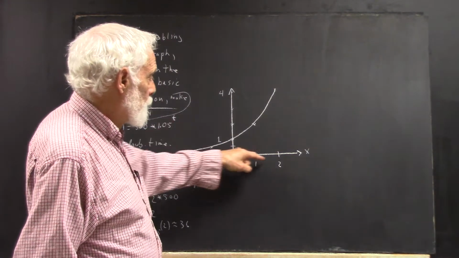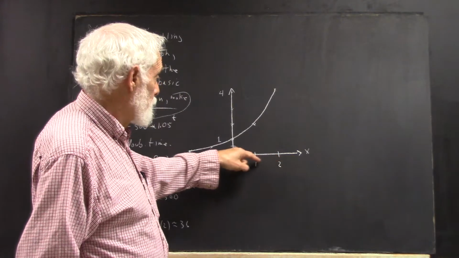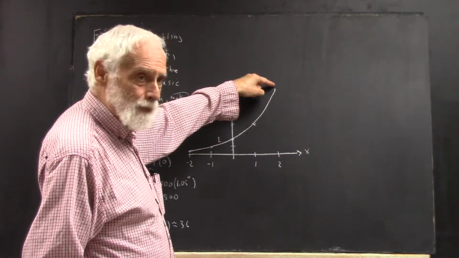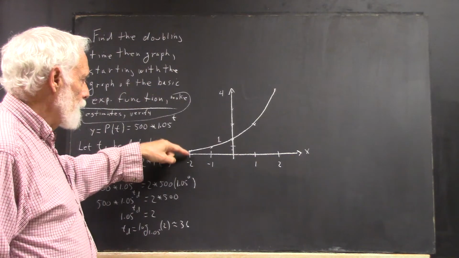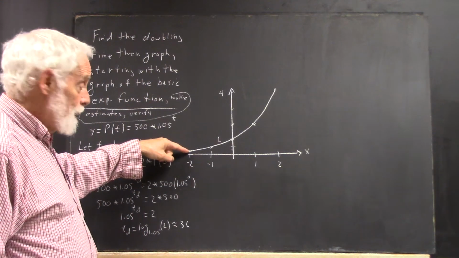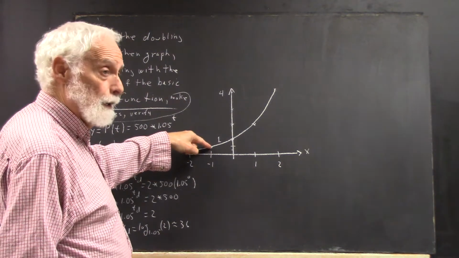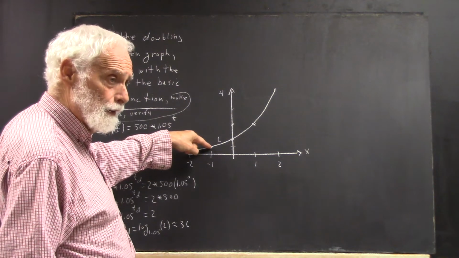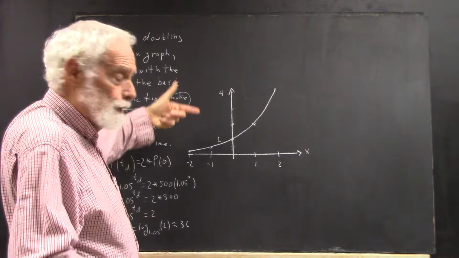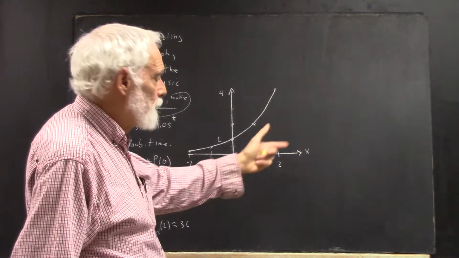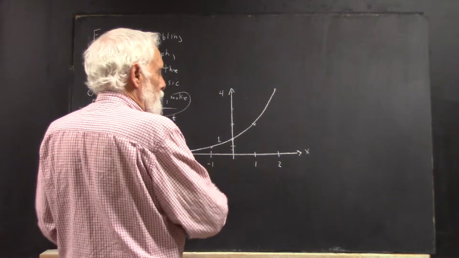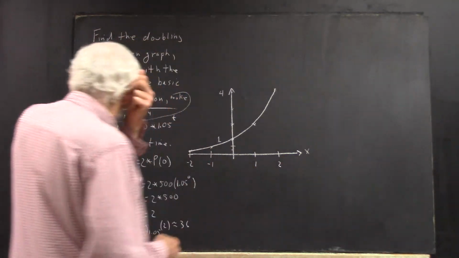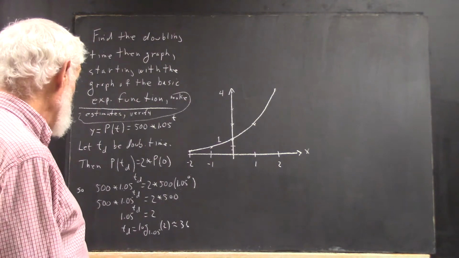If x goes from 1 to 2, the value goes from 2 to 4, it doubles. If x equals -2, the value of the function is 1/4. If x goes to -1, the value becomes 1/2, which is, again, a double. Every time x changes by 1, the y value doubles. And that works for any numbers, not just the whole numbers. And you can verify that, and it's worth verifying.